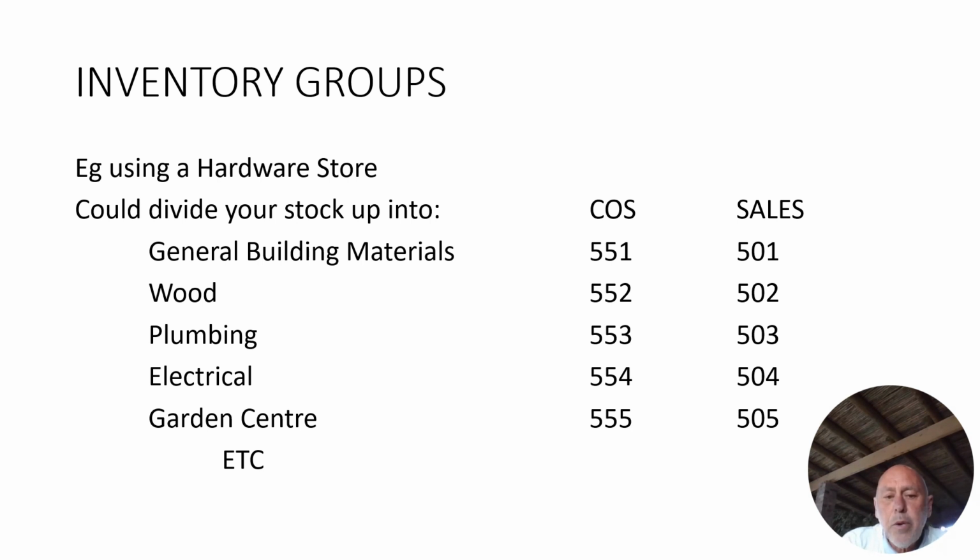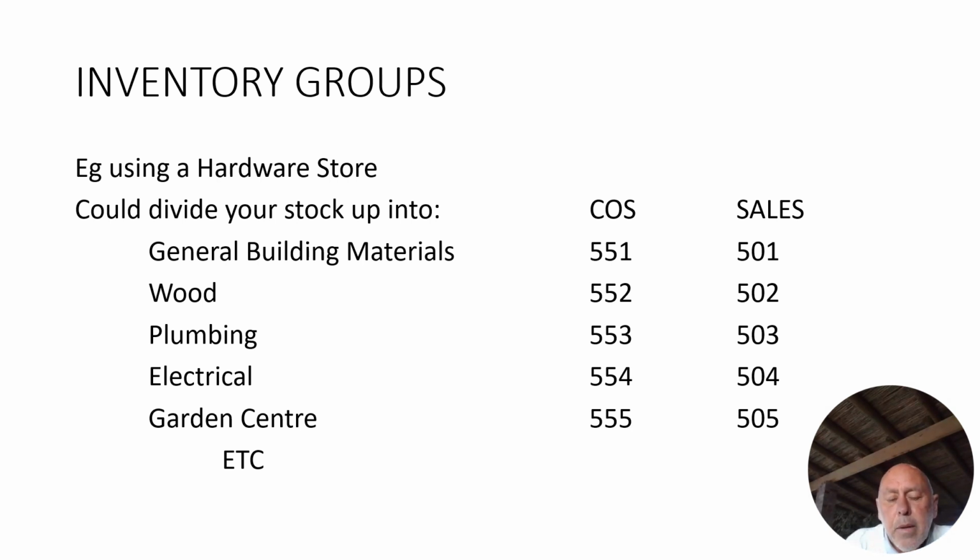So I've created groups of general building materials, say your bricks and sand and cement, all that nonsense. And then wood, all of the timber that you need to build houses. Then plumbing, electrical, garden center.